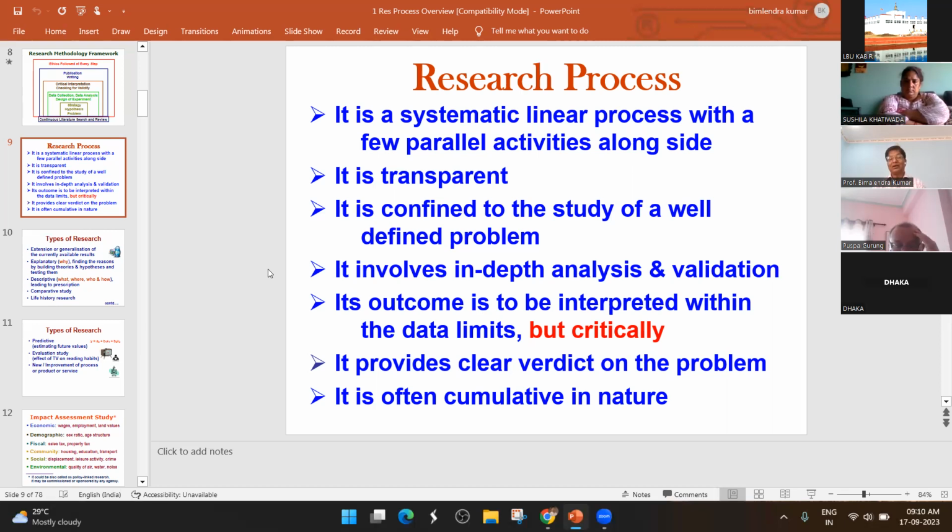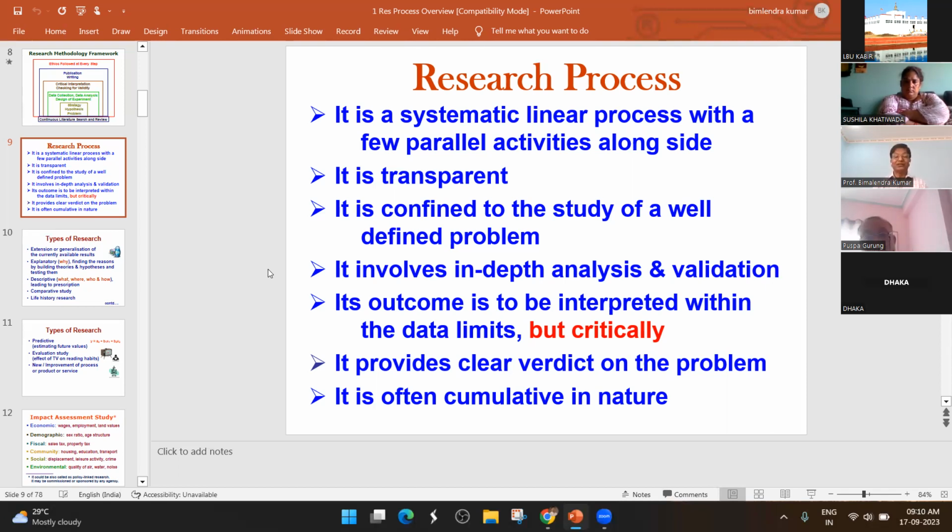We have already seen what research is. Research is a scientific investigation again and again based upon the materials which are available to us. So there is a continuous process from the time of the literature review till the submission of the thesis.